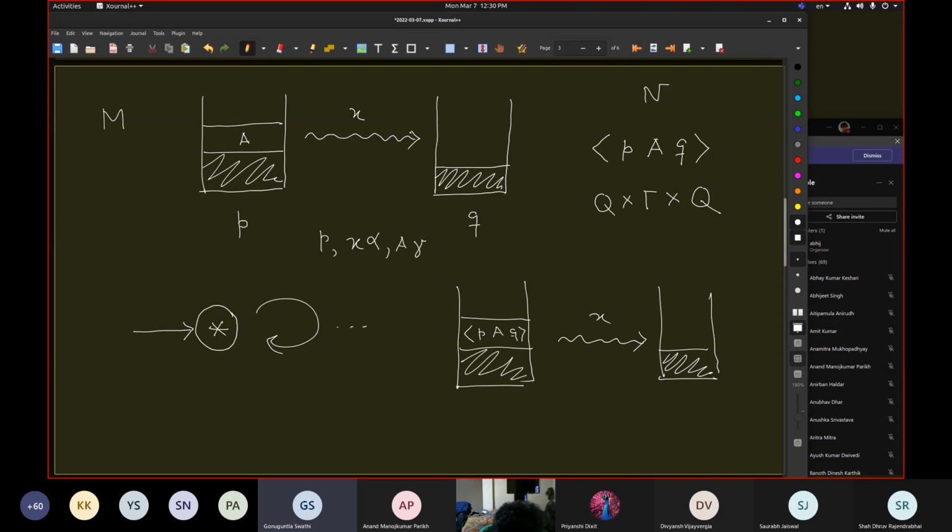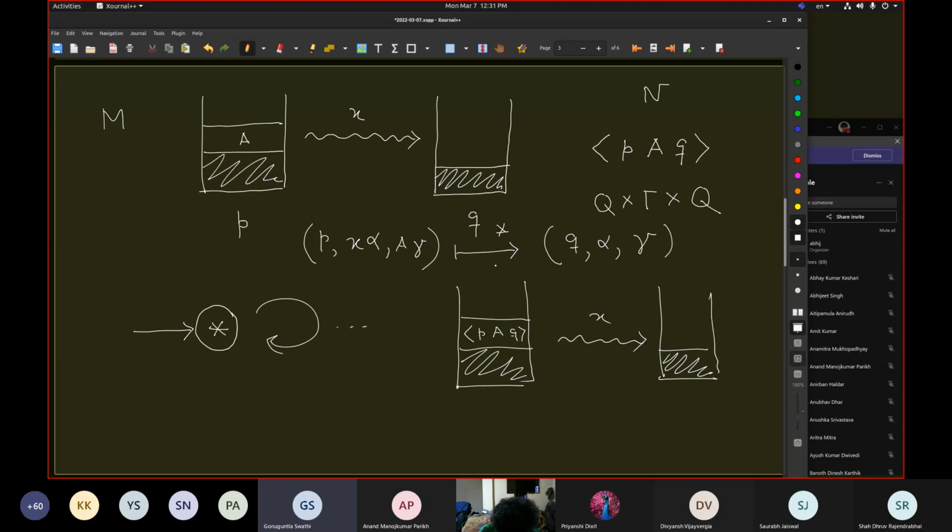Gamma is this part, X is whatever is remaining. This is the configuration at this moment. This will eventually go to the configuration Q, where X is consumed, and just this is consumed.